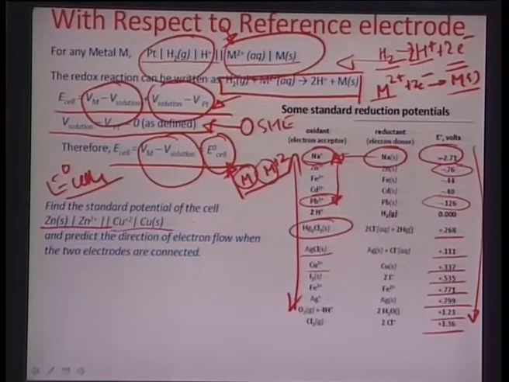Like in the case of the Daniell cell, there is an electrode which is the anode converting into Zn2+, and an electrode which is the cathode converting from the copper 2+ state into copper 0 state.